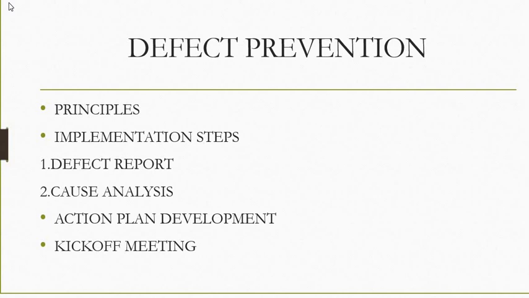In action plan development, how the defects will be the responsibility of the teams to implement, and the kick-off meeting, and finally defect prevention activities. The 11 steps are there.